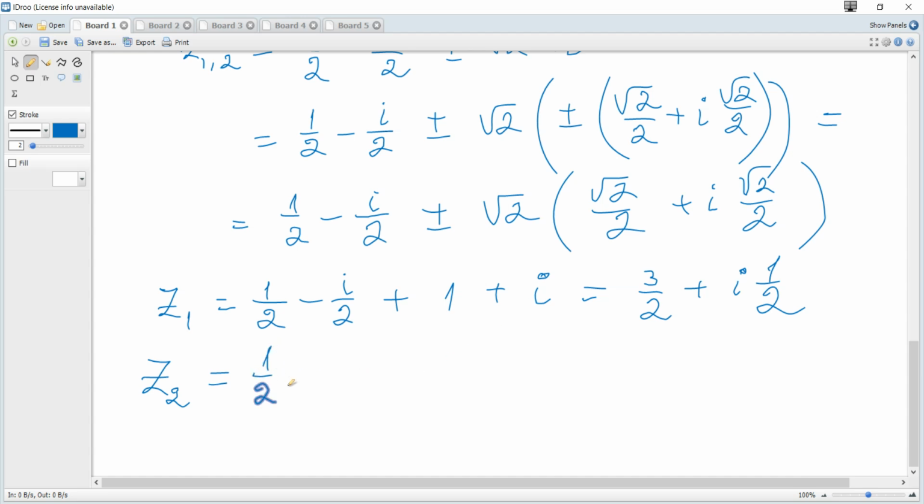And another with minus, so it's minus 1 minus i, and it's what, negative a half minus i multiplied by 3 over 2.